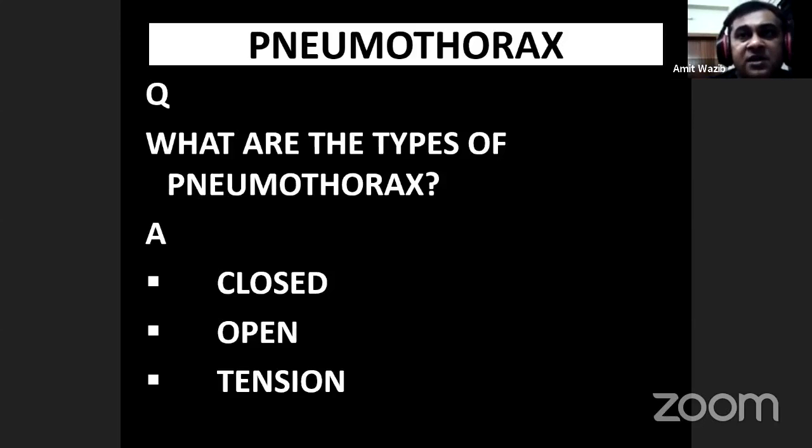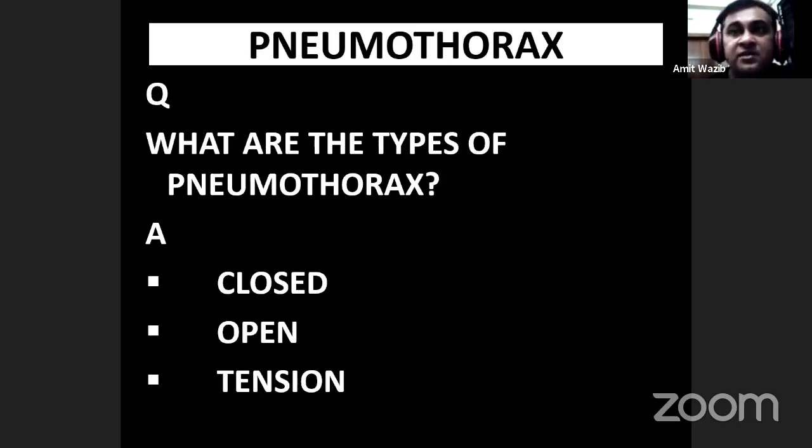So how does the air get into it? There should be a communication between the pleural cavity and the airways, or between the pleural cavity and the outside. In both conditions, if this communication is closed after some air gets into the pleural cavity, it is called a closed pneumothorax.